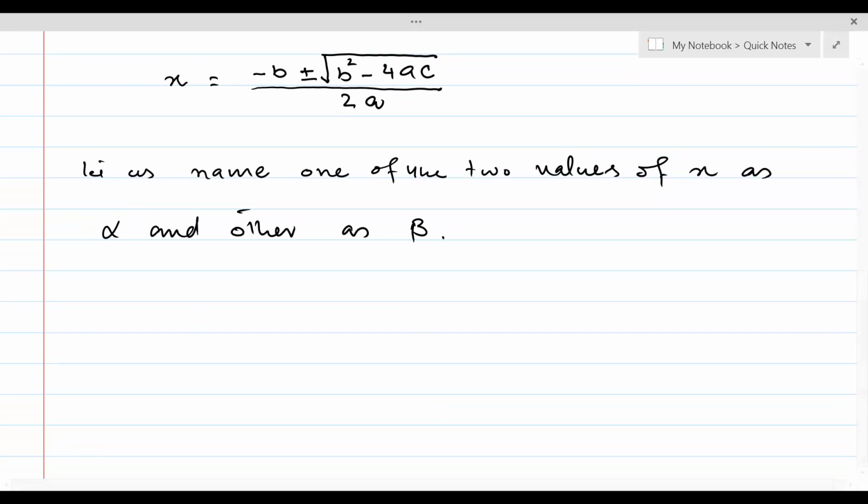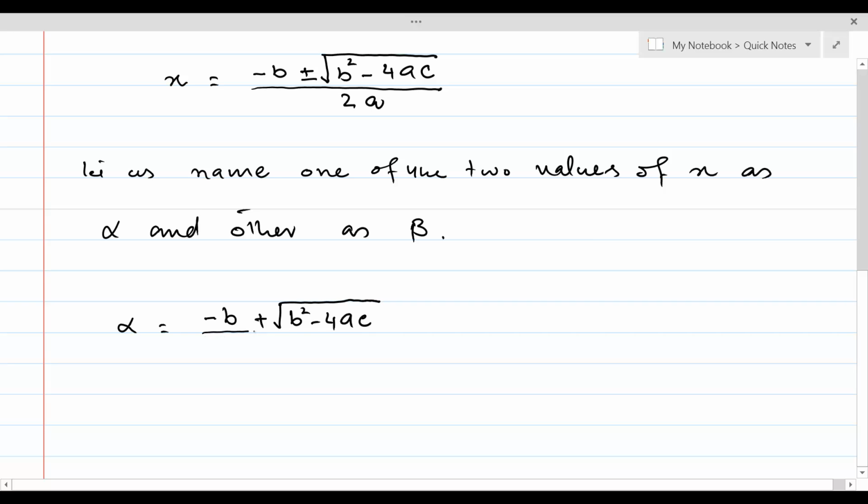To be more specific, alpha is equal to minus b plus square root of b square minus 4ac, divided by 2a, and the negative value, beta, is equal to minus b minus square root of b square minus 4ac, divided by 2a.